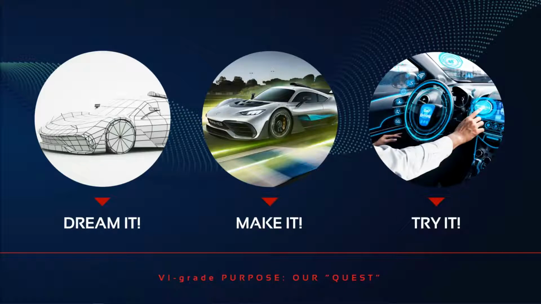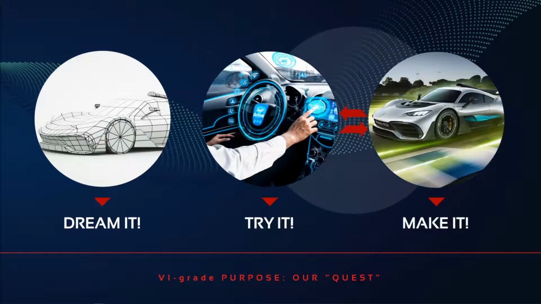Let's take a step back for a moment. For all disciplines and attributes, the traditional approach to designing a new vehicle has been to dream it, to get an idea, then to make it or build a prototype, and then drive it, see how it works. A much more efficient approach is to try it before you build it.